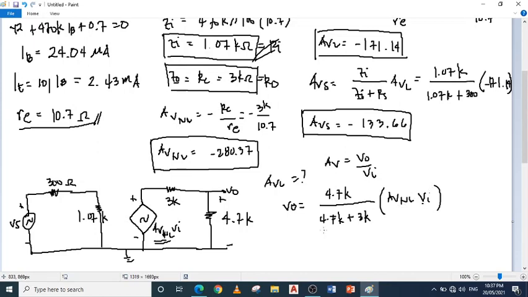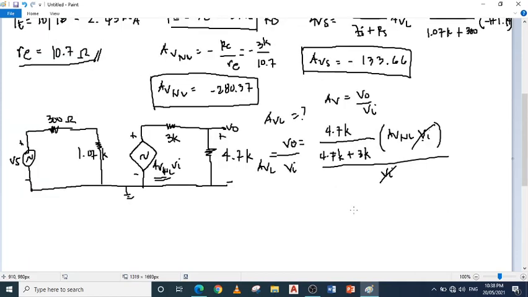If we divide both sides by VI, okay? Pinakita ko lang para mas mag-gets na rin ng iba. Okay, di ba ito? Cancel, cancel. Okay, so this is AV. Okay? But since may load na included, so lagyan na lang natin subscript. Okay, AVL. Okay? So therefore, yung AVL natin, okay?